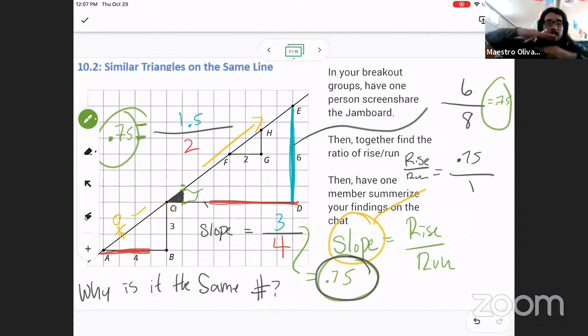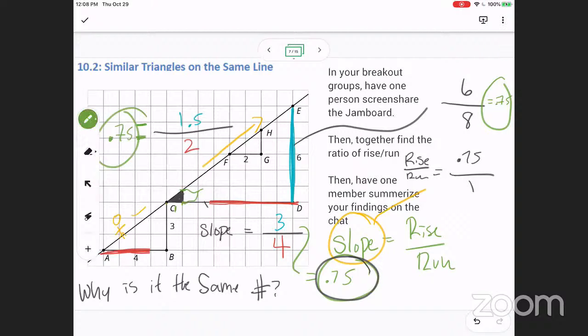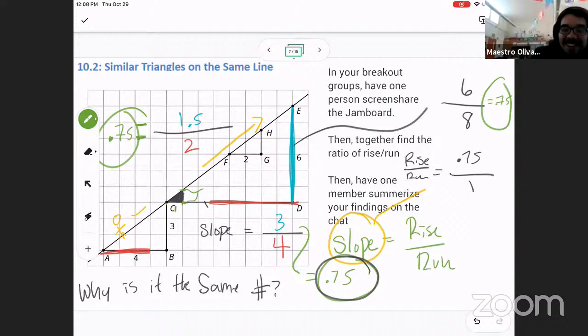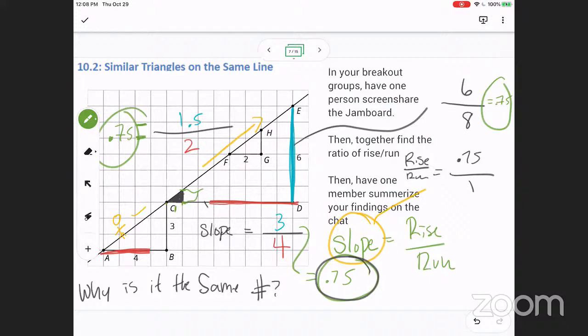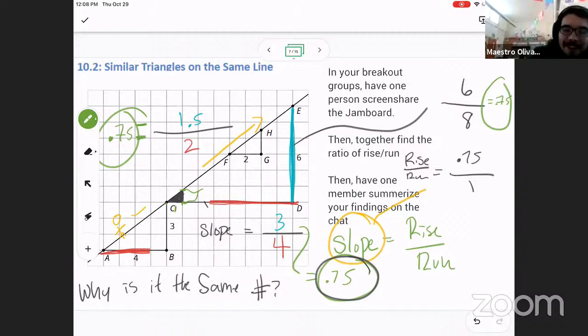No, that's 1/4, un cuarto. Ooh, Diana, ¿cuánto mide? 0.75. 0.75 es 3/4 del cuadro. El cuadro mide 1 and it's 3/4 of the square.